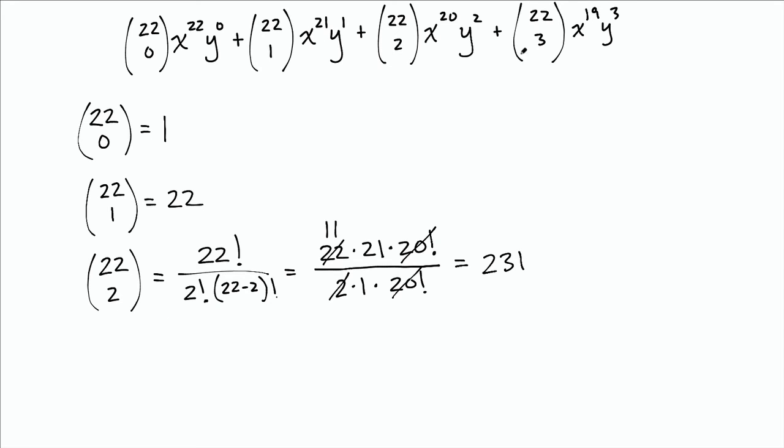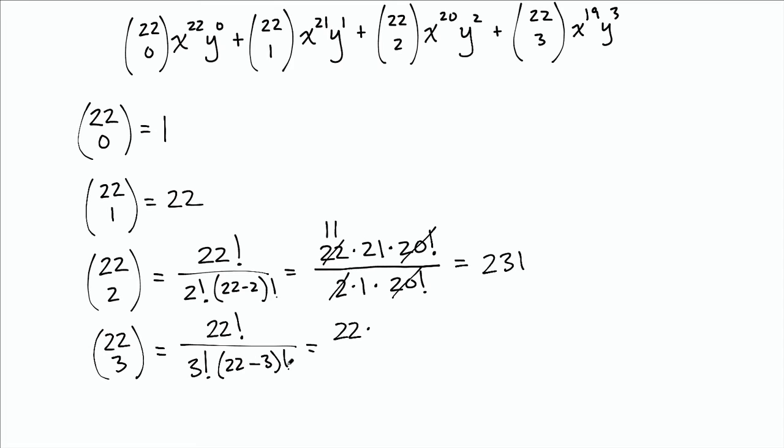And then finally, I need 22 choose 3. So that's 22 factorial over 3 factorial, and then 22 minus 3 factorial. So in the numerator, I expand down to the next number down, which here is 19 factorial. So 22 times 21 times 20 times 19 factorial over 3 factorial, which is 3 times 2 times 1.